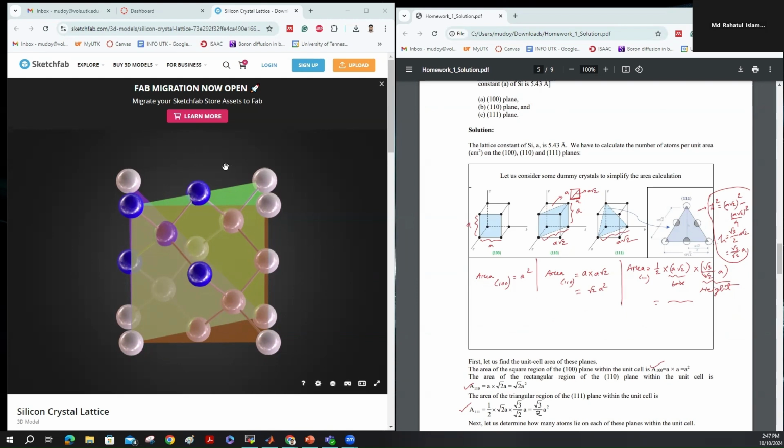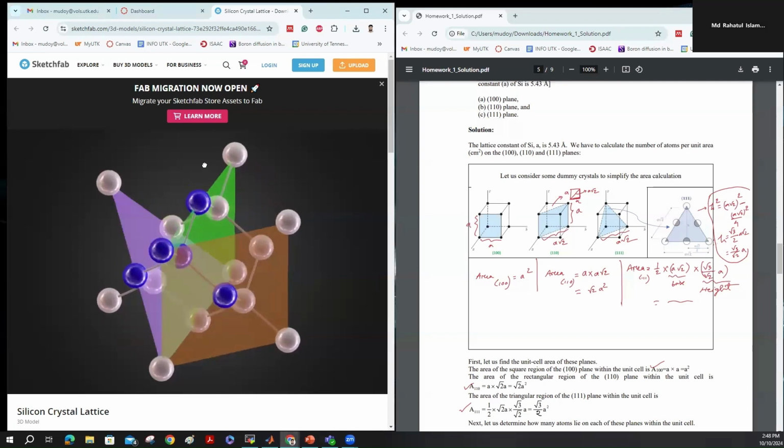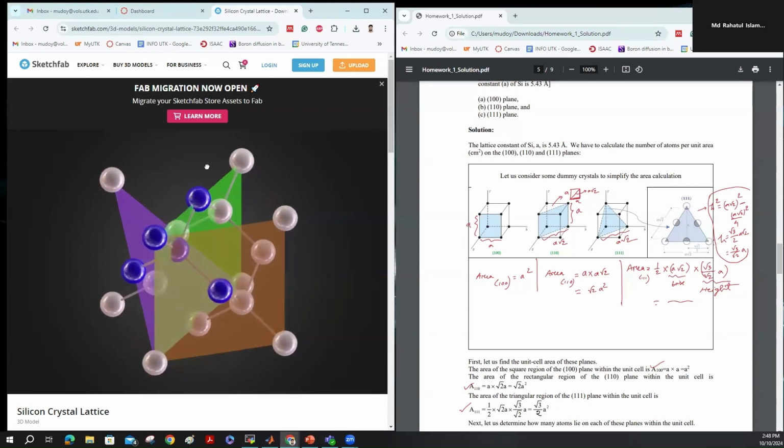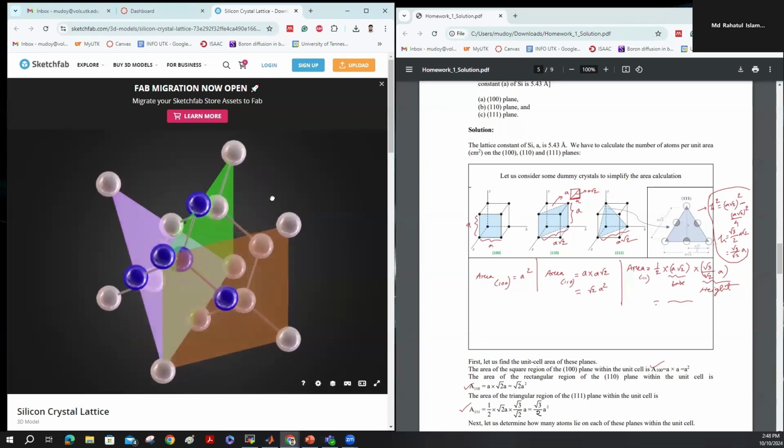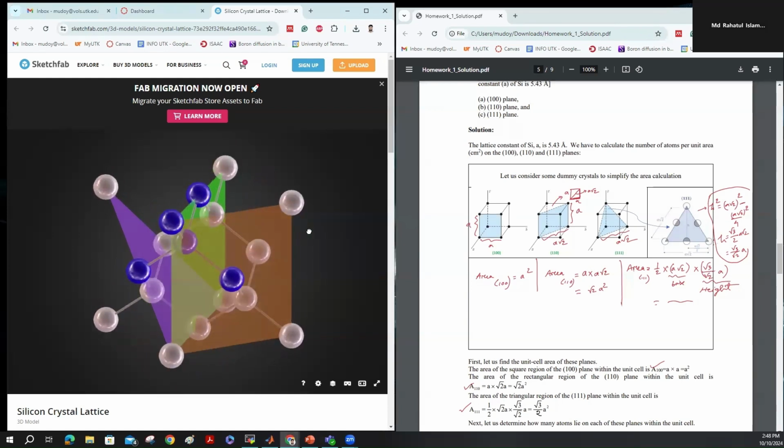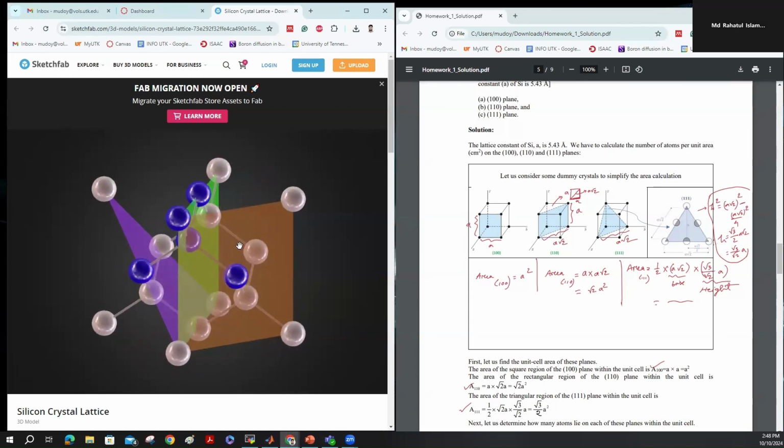So I have opened a website here. I will post the link of this website in the canvas. This is an interactive 3D crystal of silicon here. So as you can see, this yellow or orange plane is the 100 plane.